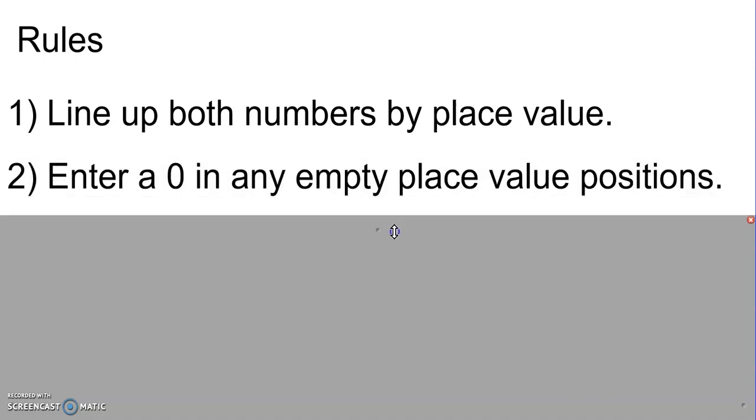The second thing is any spot that is empty, we're going to enter the number 0. I will give you an example later on of when that will happen. But when you're lining them up, if you have a missing digit for one number, and there is a digit for another number, you want to enter 0 there.